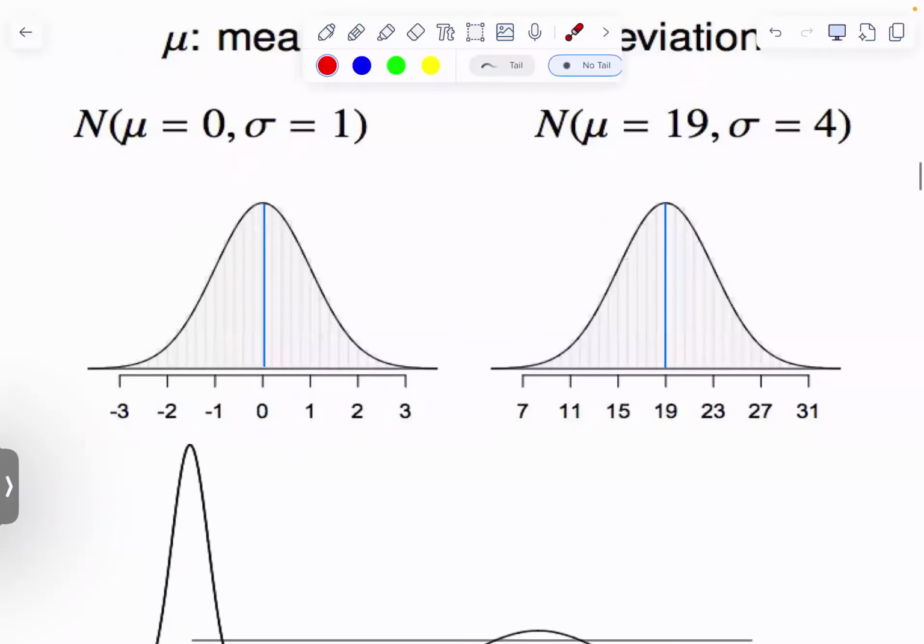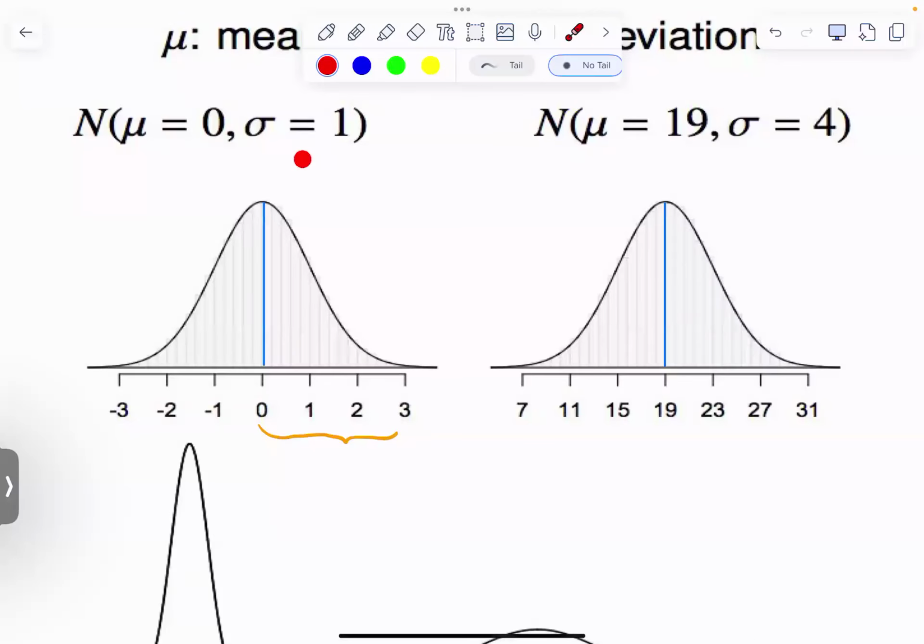And so here, we already mentioned, I gave it away, that these tails keep going forever, right, to infinity. But if we consider this distance, if the standard deviation is 1, then this is going to be 3 standard deviations, right?